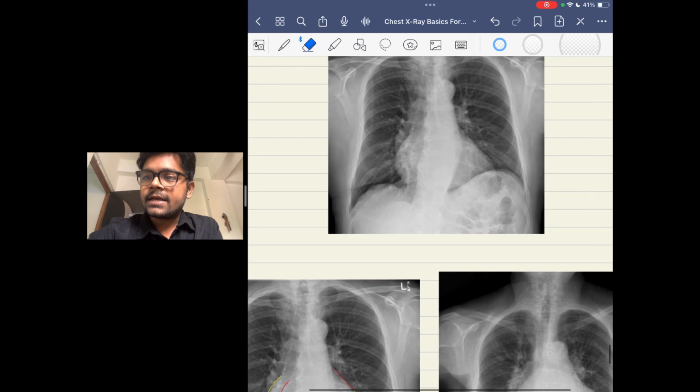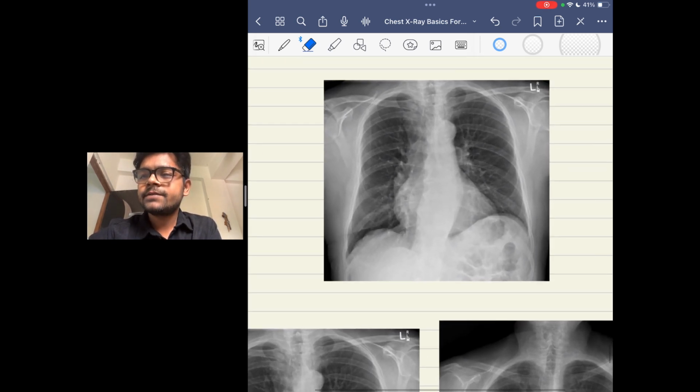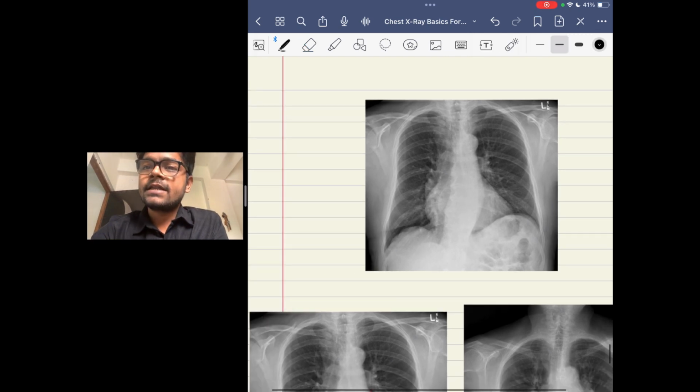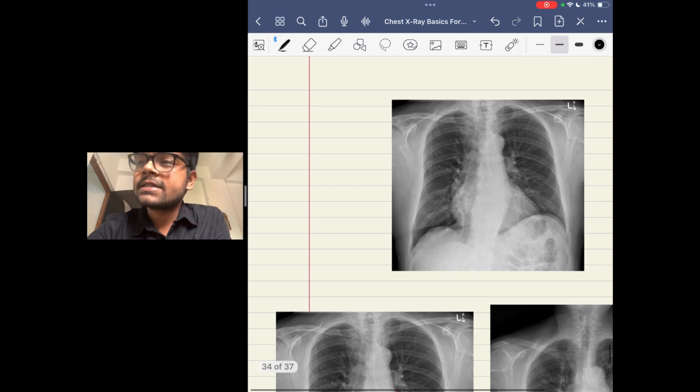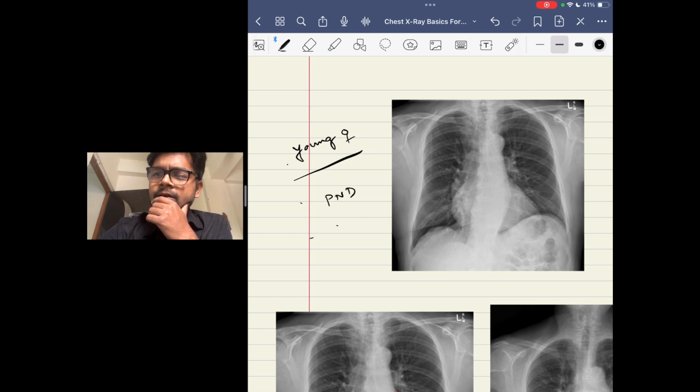Right. Now another important X-ray which might be asked in an exam is rather a very common case for your practical, also in your long case. So it is a young female who is having symptoms of PND, orthopnea, right?